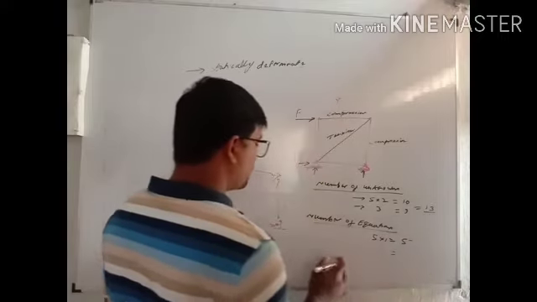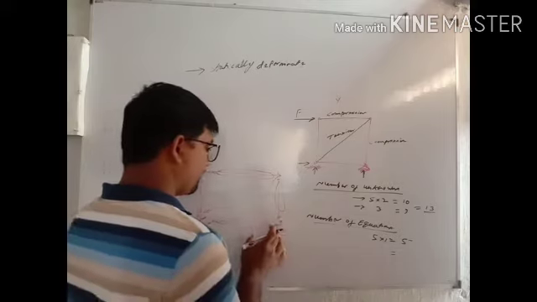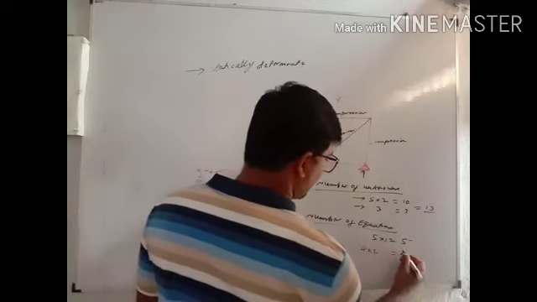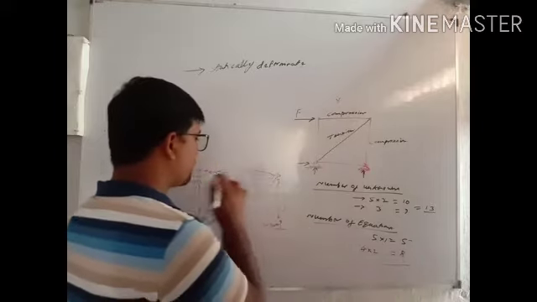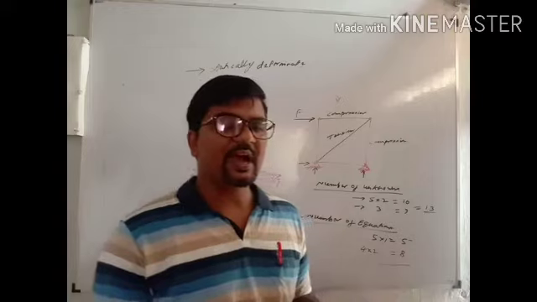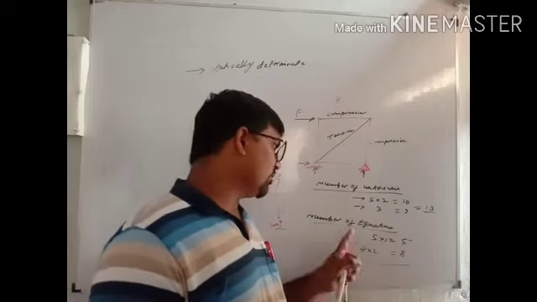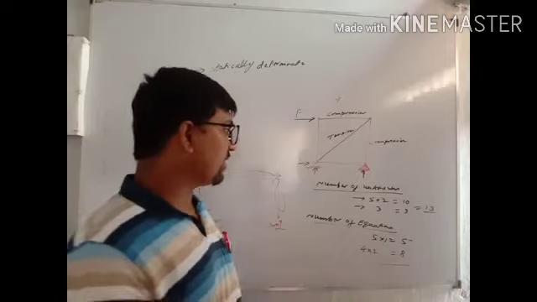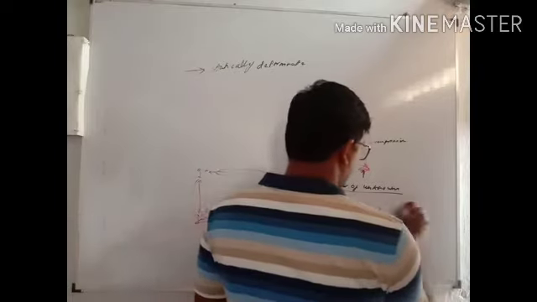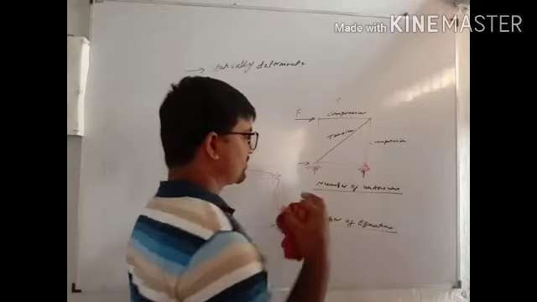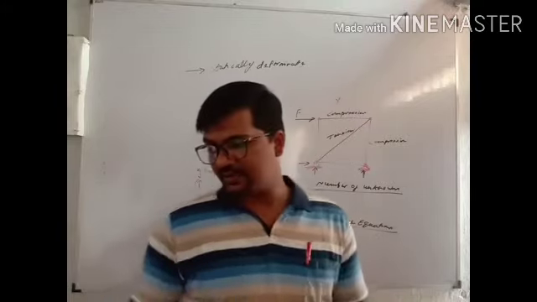Sorry, 2 equations per joint. Joints are 4 only, no? So 4 into 2, that is 8. But this is not a good idea to define. If you remember the number of unknowns and number of equations this way, there are very easy shortcuts.